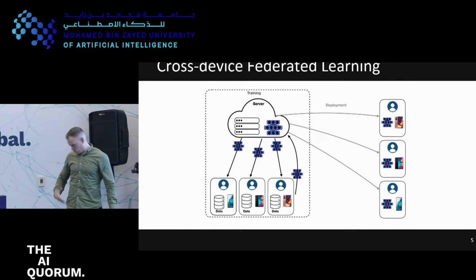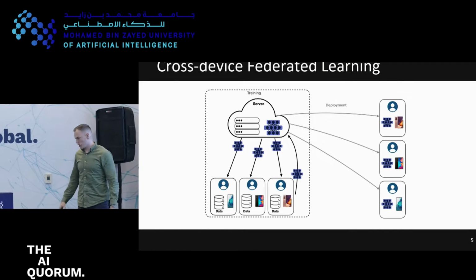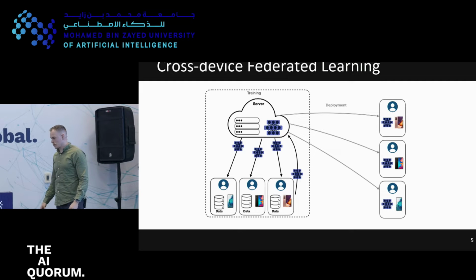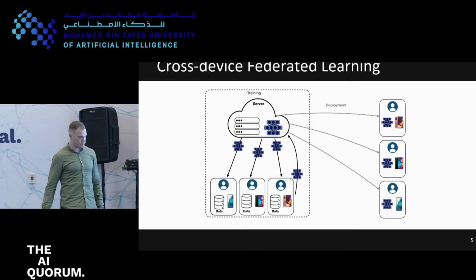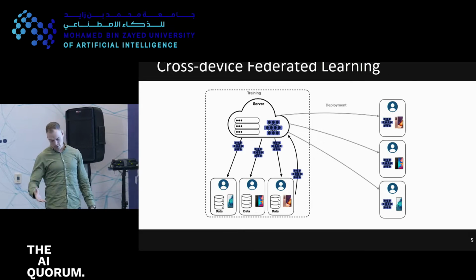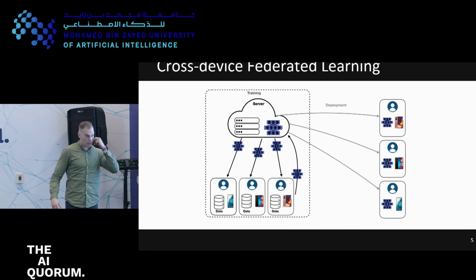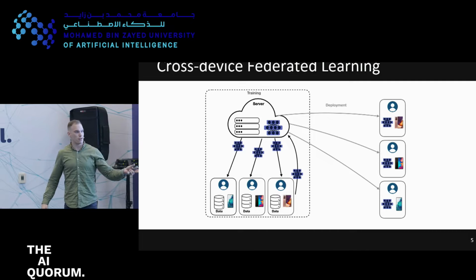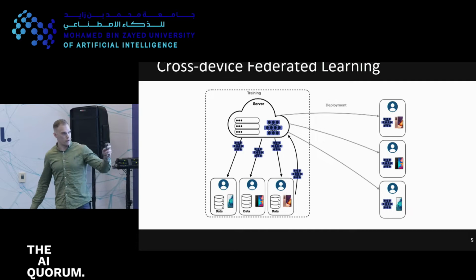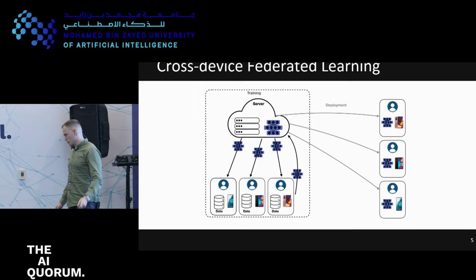We're also looking at cross-device federated learning, where the devices are constrained devices, such as mobile phones, where we want to train some global model. That might be a recommendation model that we want to train on those devices, but also use on them. So the deployment is also one of the challenges.